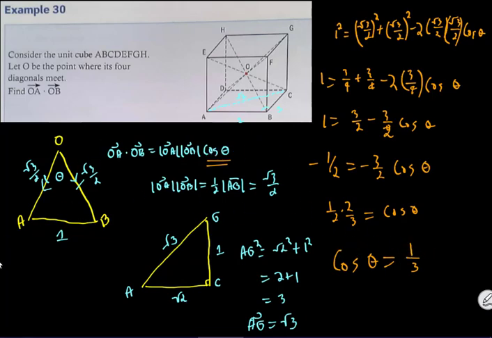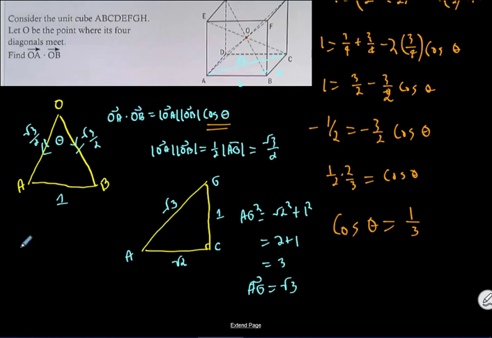So I can use that information to come back up here and say OA dot product OB, where the magnitude of OA is the same as OB, which is root 3 over 2. So it's root 3 over 2 times root 3 over 2 times the cosine of theta, which we found out to be 1/3.